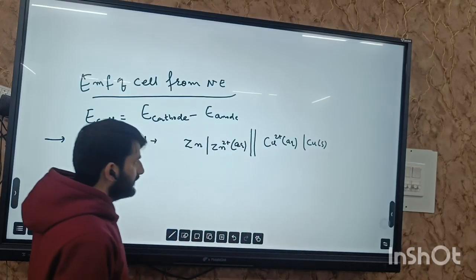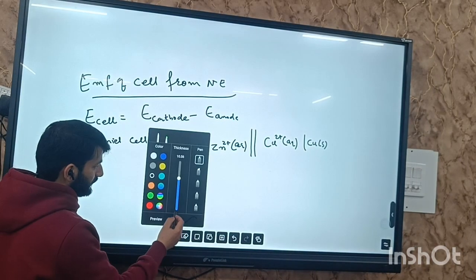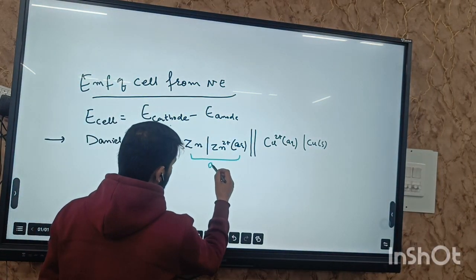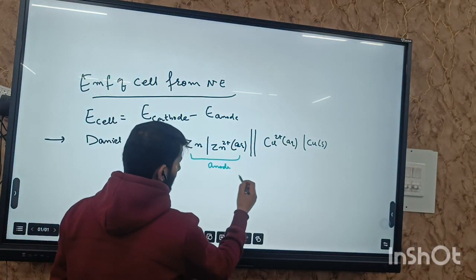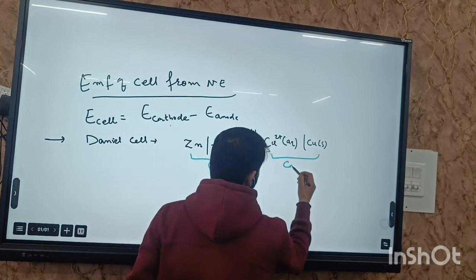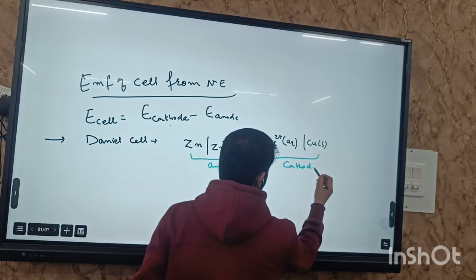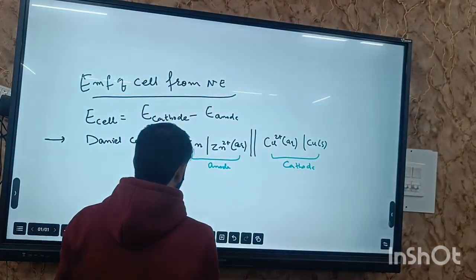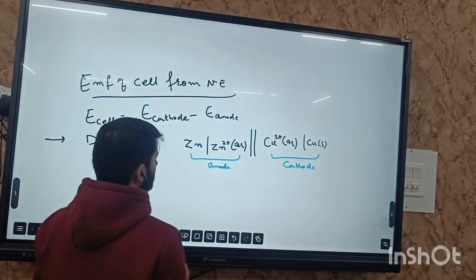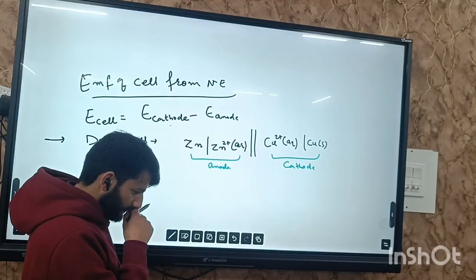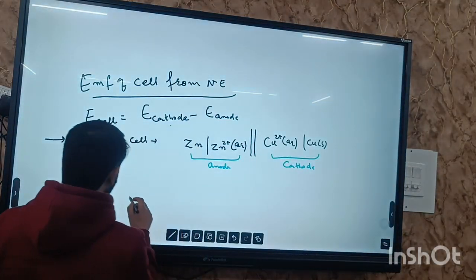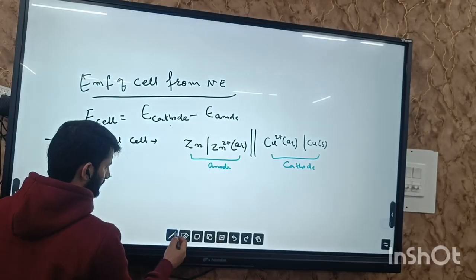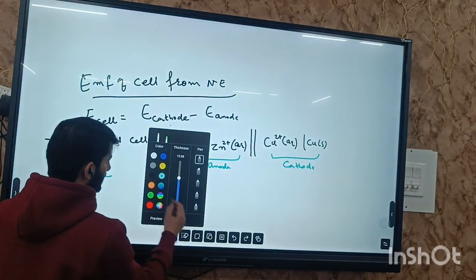While representing cells, you must know that this part is the anode and this part is the cathode. Cathode is the part where reduction takes place, which means where the cations will go, and anode is the part where oxidation will take place. So what will be the E cell in this case?